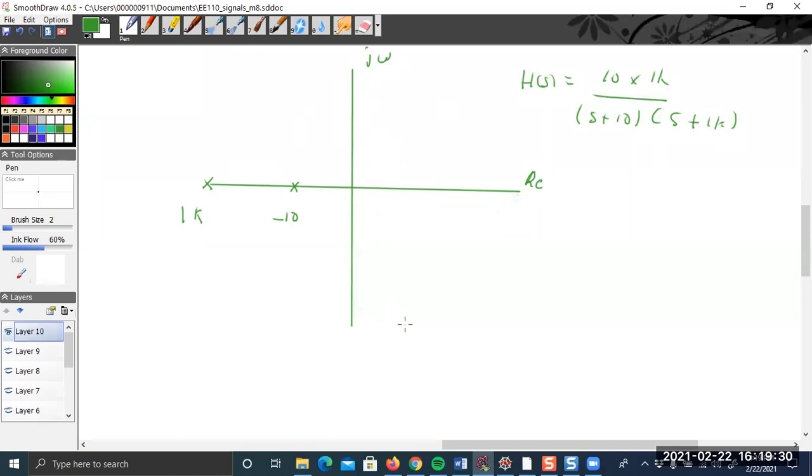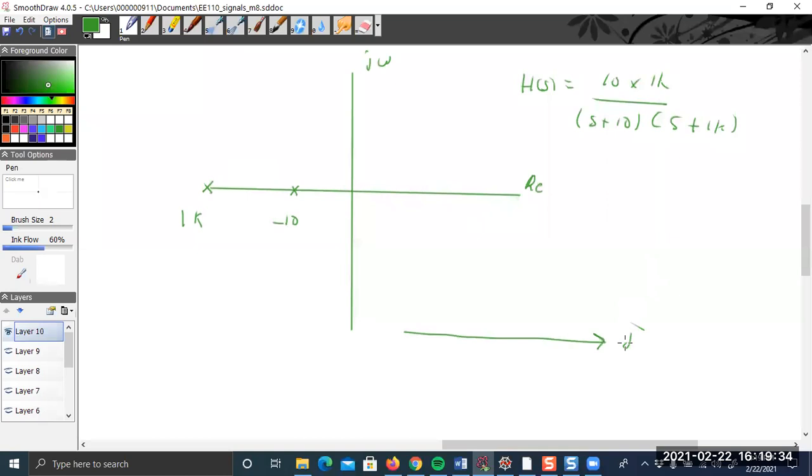So I let S equal J omega, but we really just say omega. So we take this axis, right? And we just flip it 90, right?